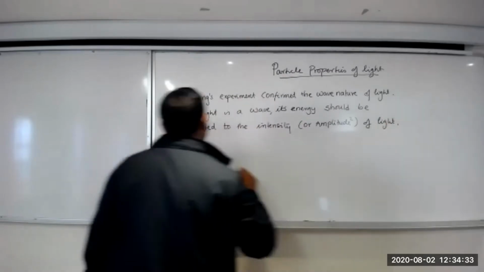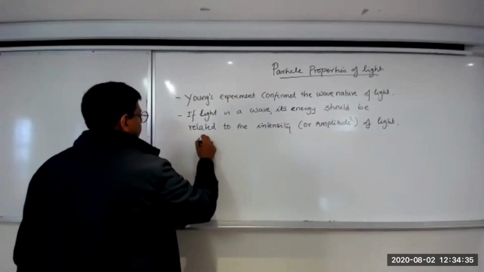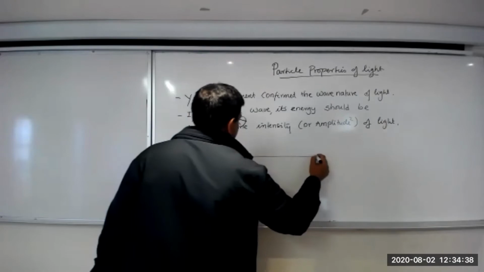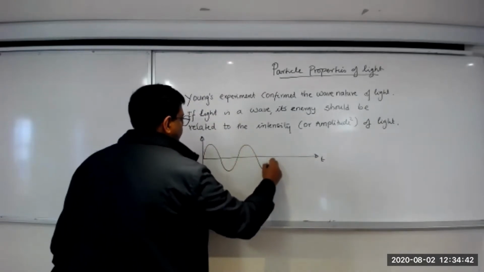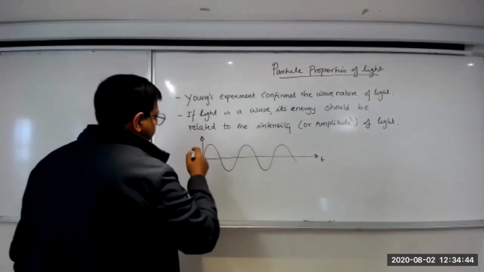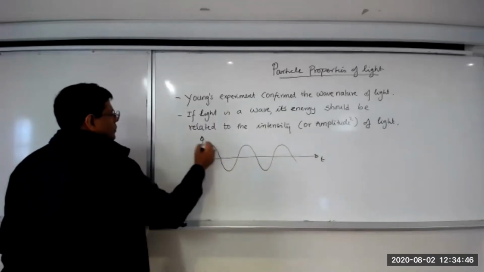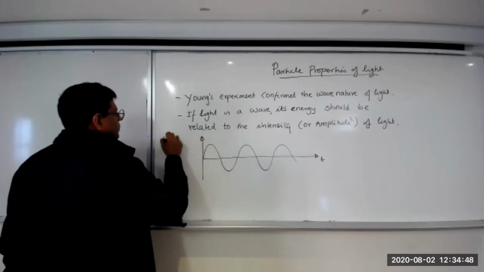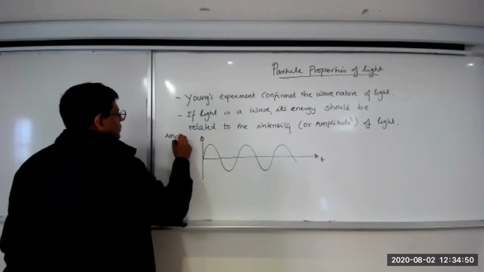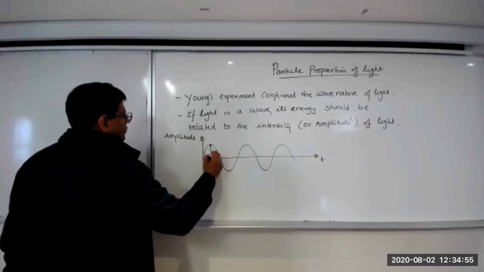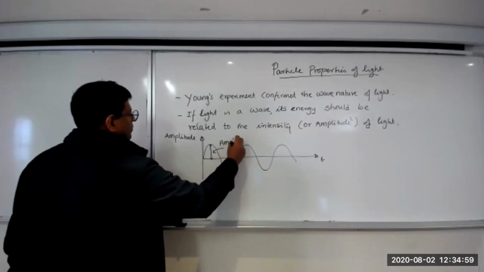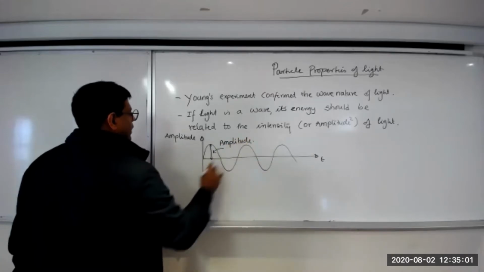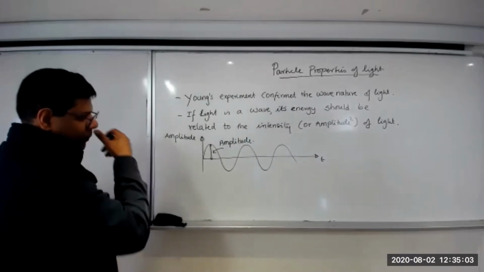If I draw a light wave as a function of time, it would be something like that. That's the amplitude. The higher the intensity, the higher the amplitude.